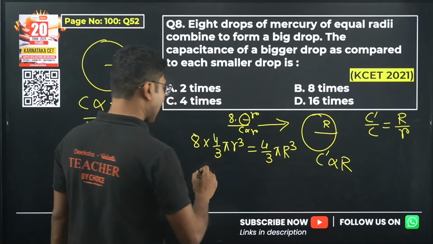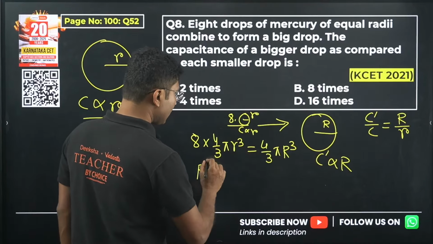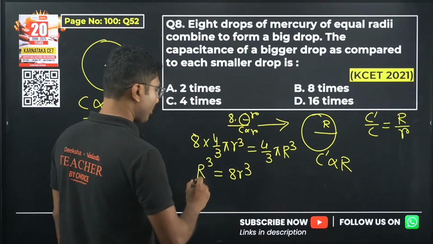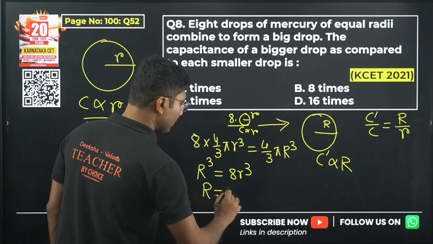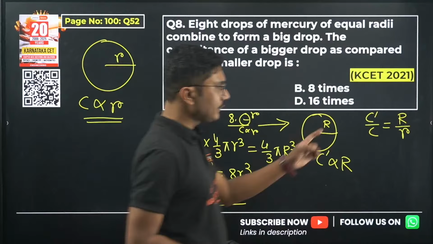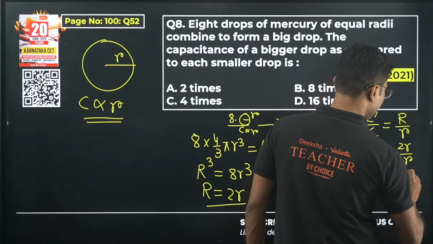In the end I will tell you one small shortcut as well. So R³ equals 8 r³, and from here we get R equals 2r. So the ratio R by r equals 2.